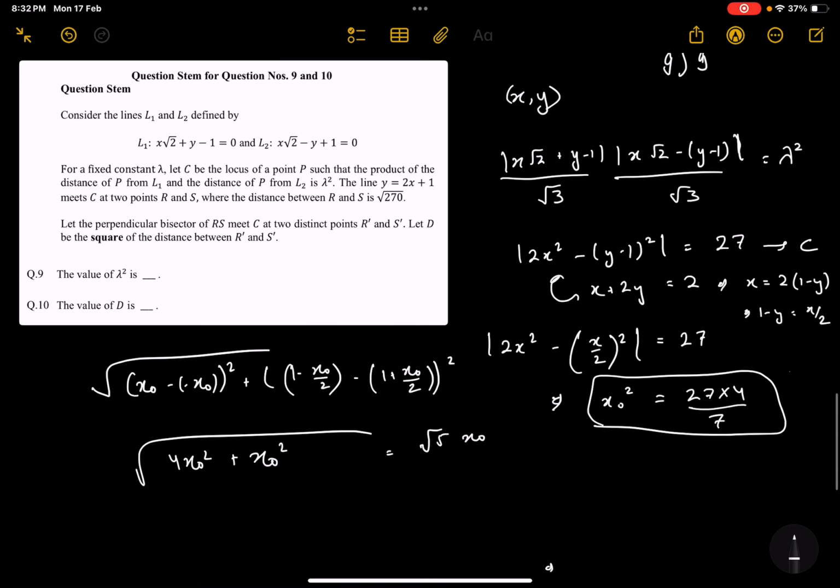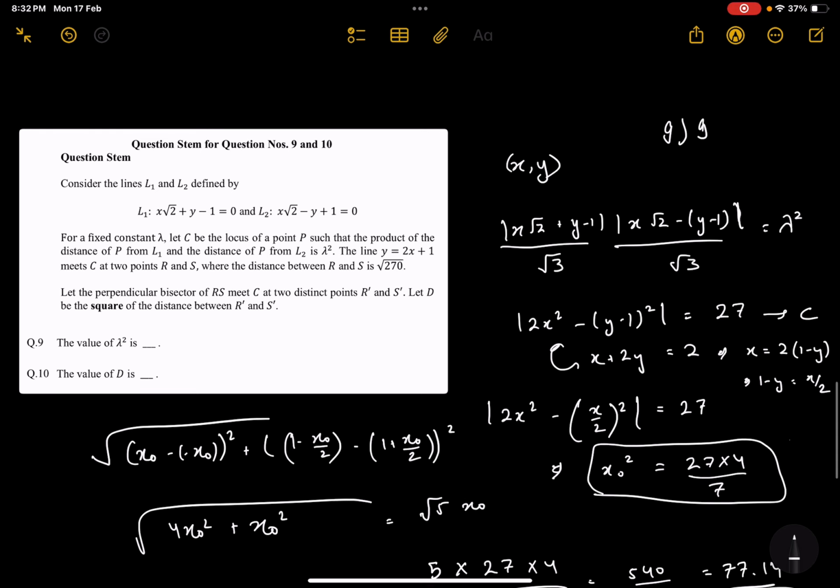Then D is the square of this distance between them, which is 5 times x naught square, which is 5 times 27 into 4 by 7, which is 540 by 7, which is 77 times 1 plus 1 by 7, which is this. So the answer of this is 4. Yeah.